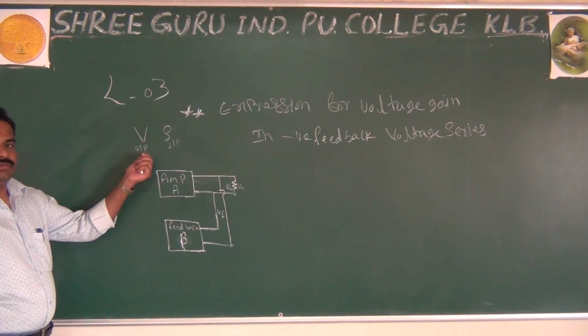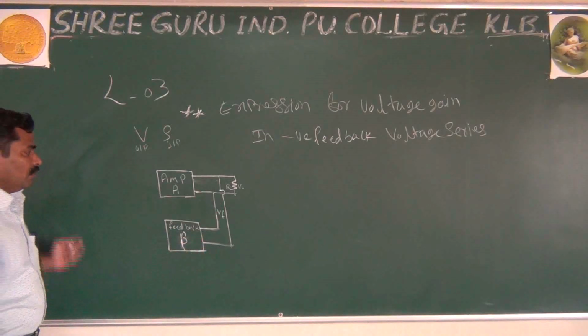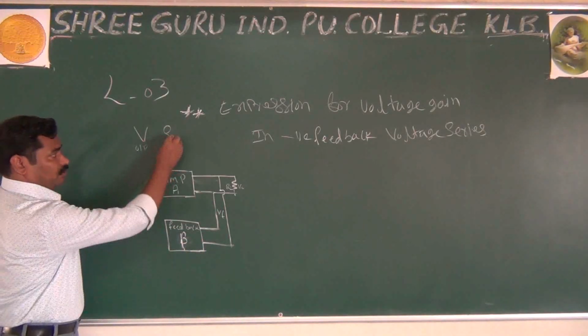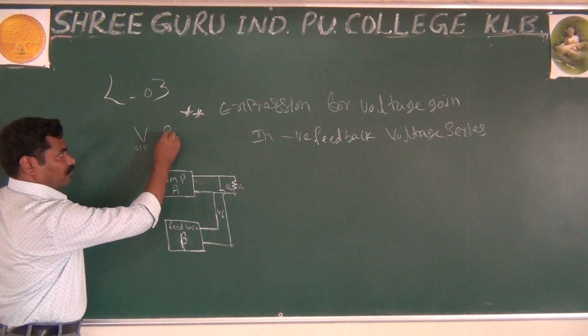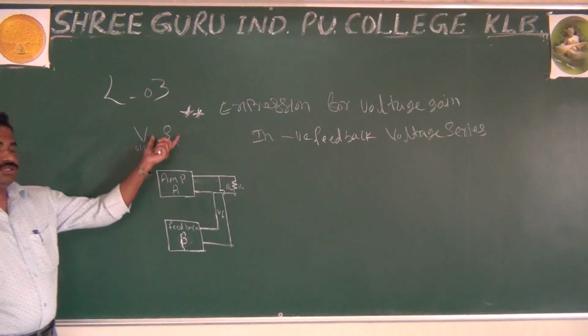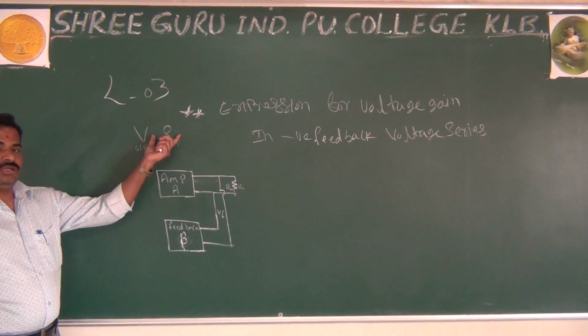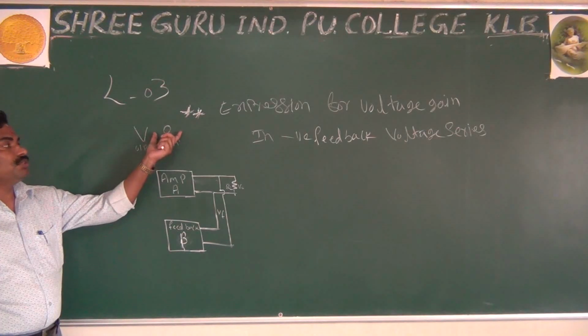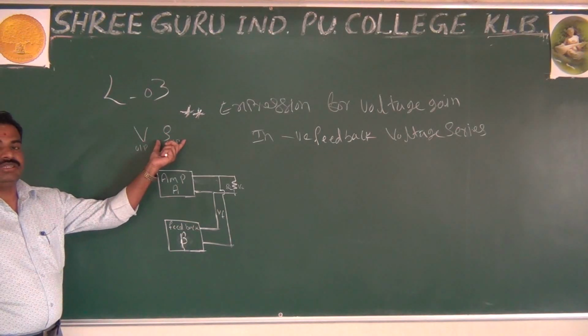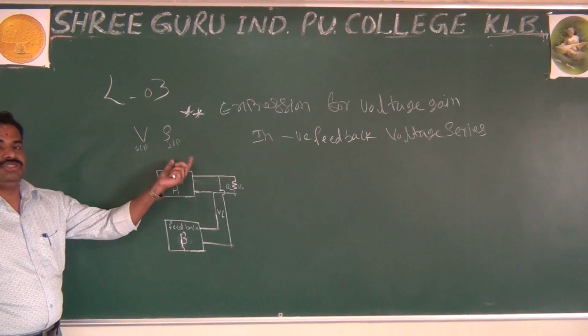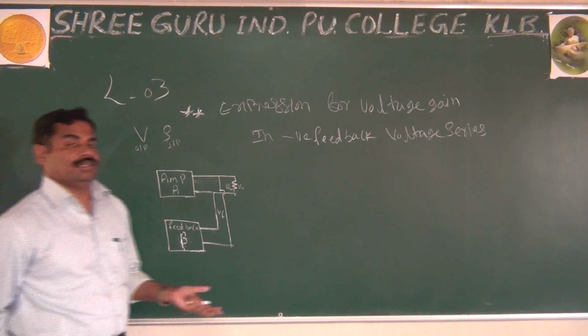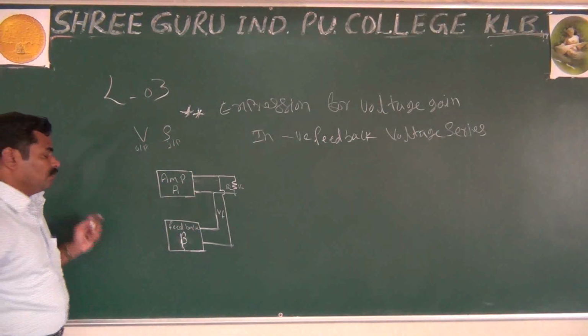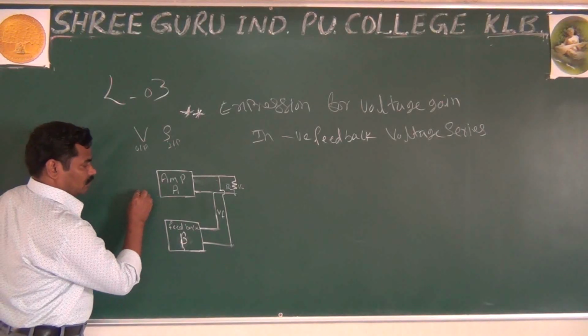How you are measuring the voltage? You are connecting in parallel. And on the input side you are connecting in series. Because as you know already, the voltage can be added or subtracted by using series. That's why we connect in series.